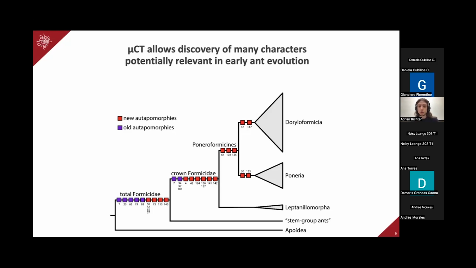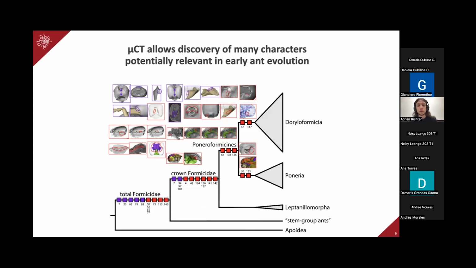So no one really knew that these characters could be potential autapomorphies. And purple are the ones that someone already studied before, and maybe already proposed that they could be phylogenetically relevant. And so you see that there are a lot of new features here that I discovered.